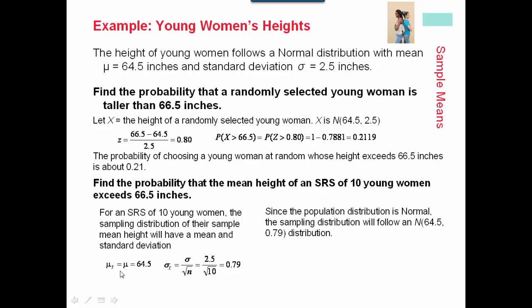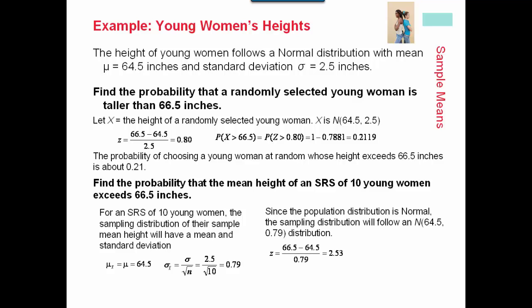Mu of x bar equals mu, which is 64.5. Sigma of x bar is sigma divided by the square root of n, which is 2.5 over the square root of 10, or 0.79. Since the population distribution is normal, the sampling distribution will follow a N(64.5, 0.79) distribution.